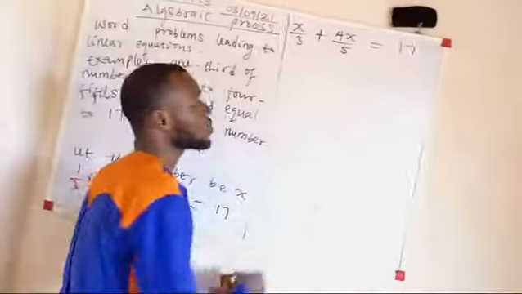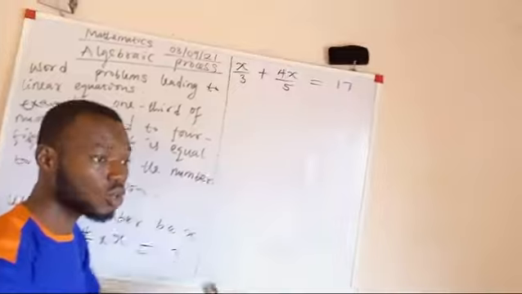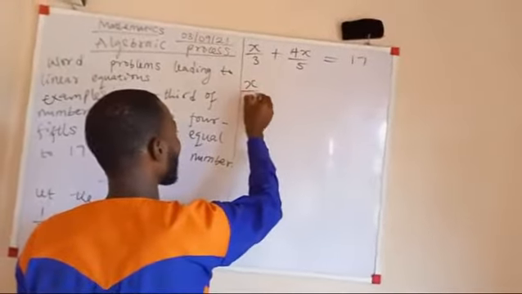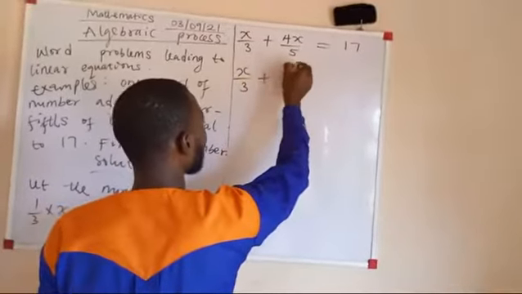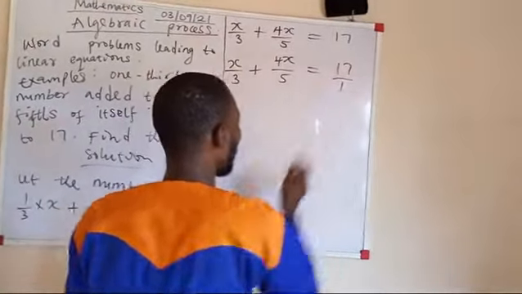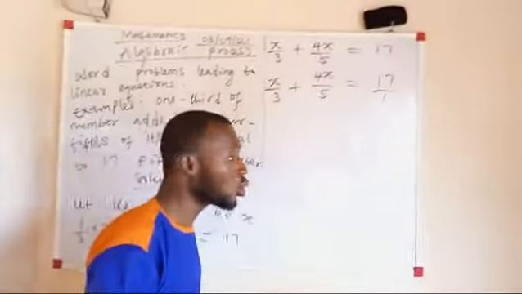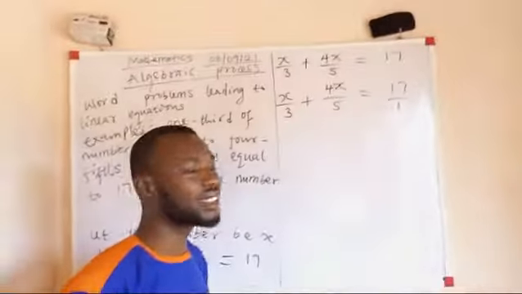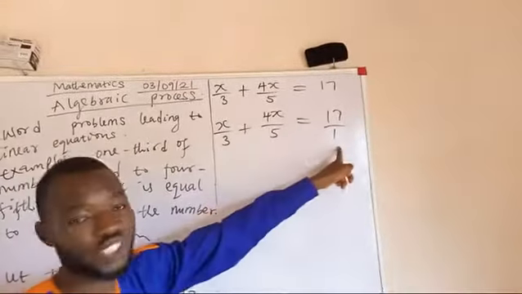So for us to convert everything so that all of them will look alike, in uniform, we'll now have x divided by 3 plus 4x divided by 5 equals 17 divided by 1. It's now left for us to go to the next step, which is finding the LCM of the denominators.